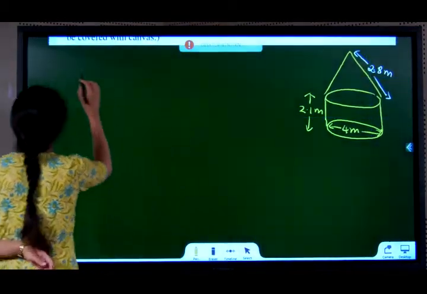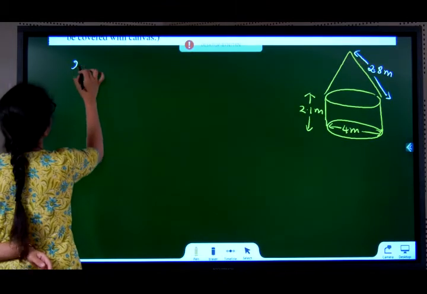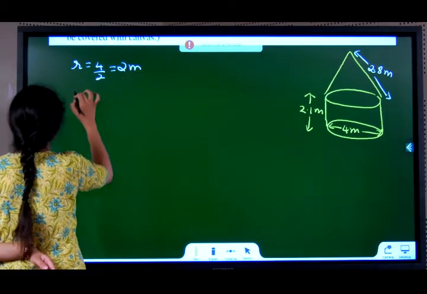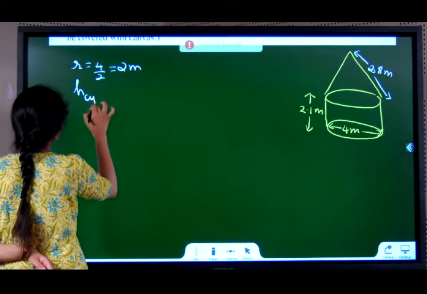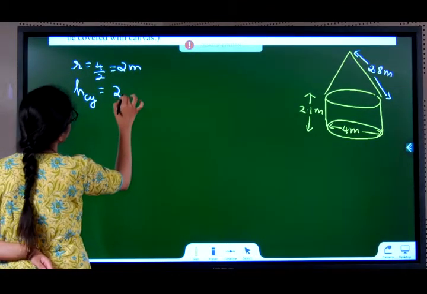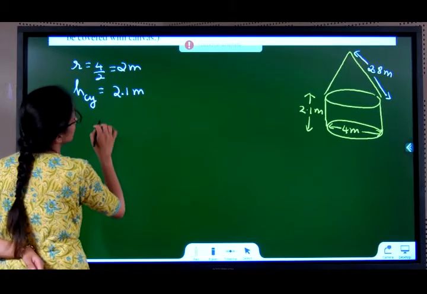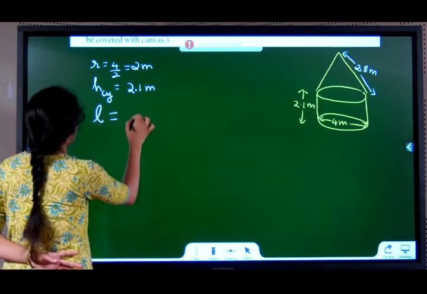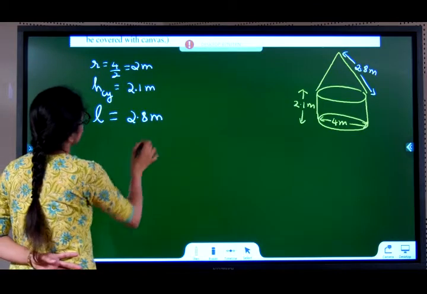So what all is given there? Radius is 4 by 2 or 2 meter. Height of cylinder 2.1 meter. Slant height of cone is 2.8 meters.